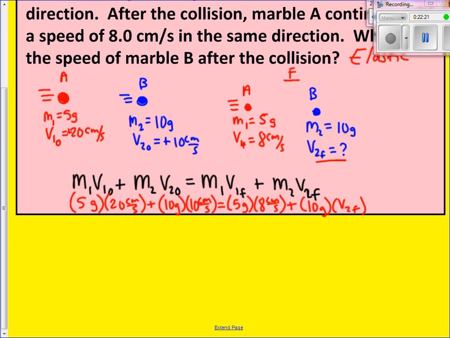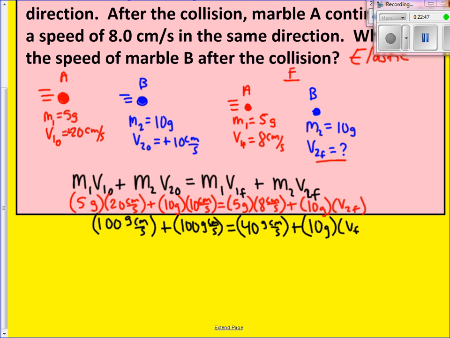Okay, let's go ahead and start simplifying some of that. 5 times 20 is going to give me 100 grams centimeters per second, plus 10 times 10, that's going to be 100 grams centimeters per second, is equal to 8 times 5 is 40 grams centimeters per second, plus my 10 grams times V2 final.